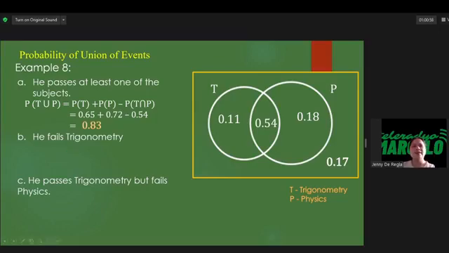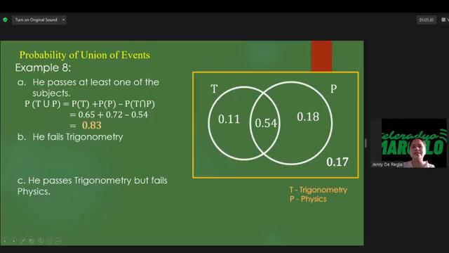Next, for letter B, he fails trigonometry. Okay, since for letter B, from the word fail or fails, this is not in the event. Since in our Venn diagram, the given is passing trigonometry and physics. But in letter B, the word used is fails. Okay?